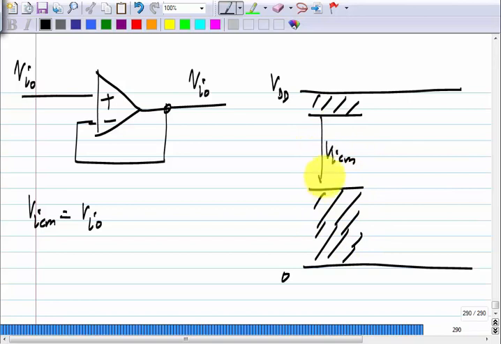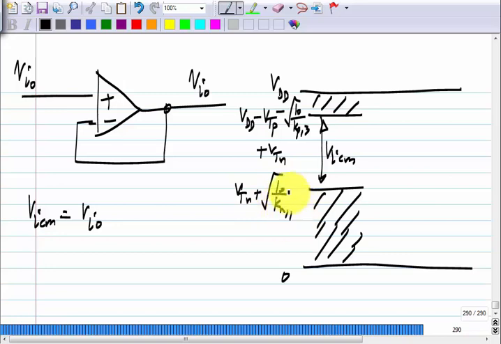VICM has to be in this region where the upper limit is VDD minus VTP minus square root I0 by Kp3 plus Vtn. Okay. And this lower limit is Vtn plus square root I0 by Kn1 plus square root 2 I0 by Kn0.